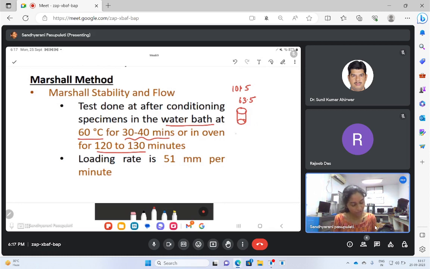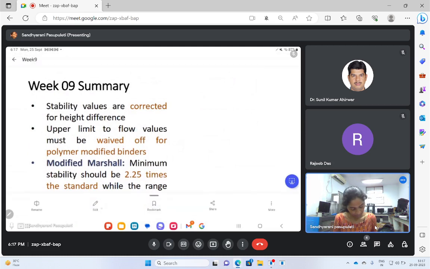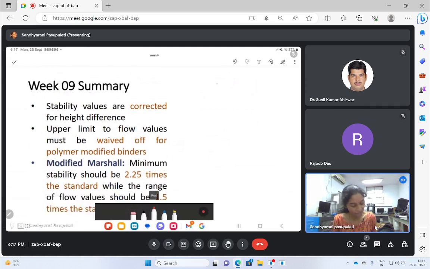Then those samples will be tested for stability and flow value, and the loading rate would be around 51 mm per minute. Most of the time we are not able to produce the mixes with 63.5 mm height. In those cases, the correction for height is provided. So the height should be corrected, and thereby the corresponding stability value will be corrected.